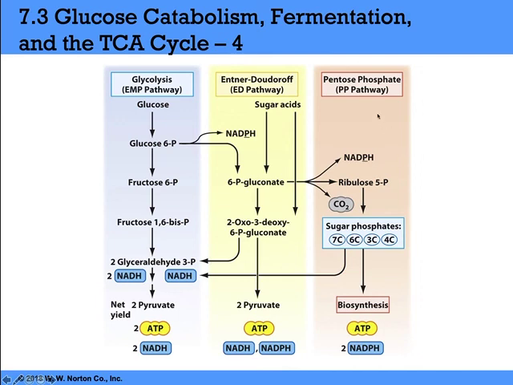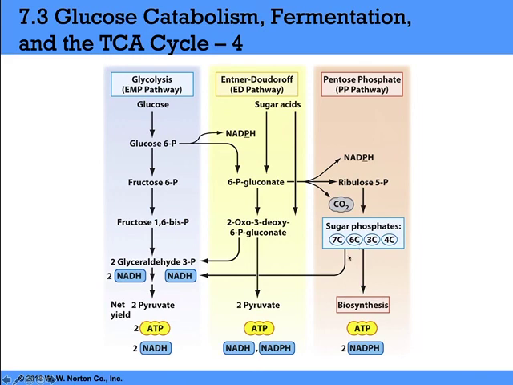And then in the pentose phosphate shunt, what happens is that ribulose 5-phosphate can end up being converted into sugar phosphates that have a variety of different carbons associated with them, and some of those can enter the glycolytic pathway at the level of glyceraldehyde 3-phosphate as the 3-carbon species.